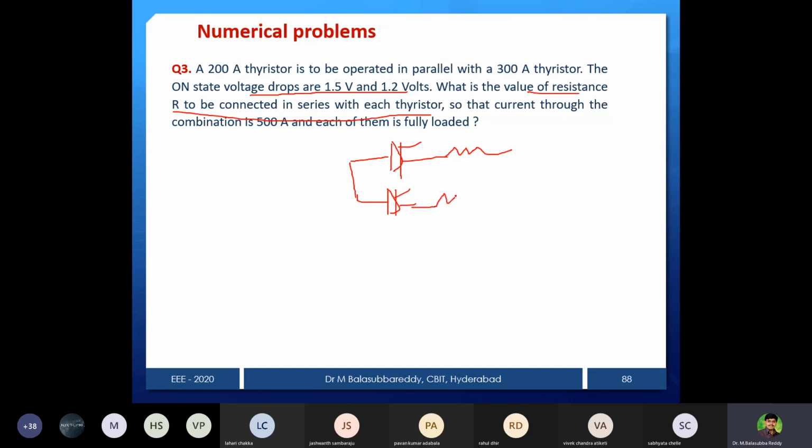The question is, what is the resistance value? What they mention is that the current rating of SCR1 is different from SCR2, and combined it is going to be shared. The total I is given as 500, the drop across this one is mentioned as 1.5, and this one is 1.2.